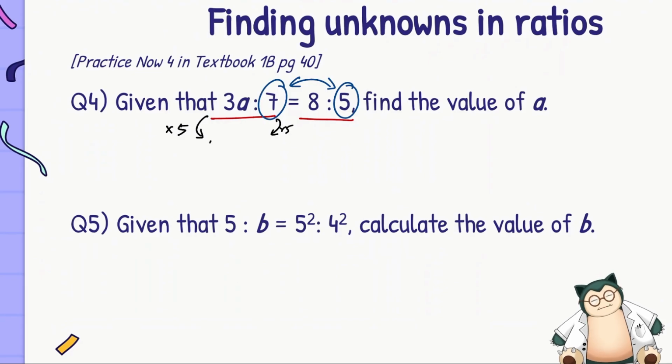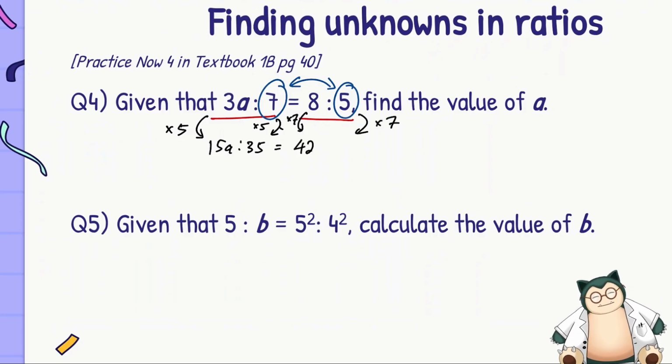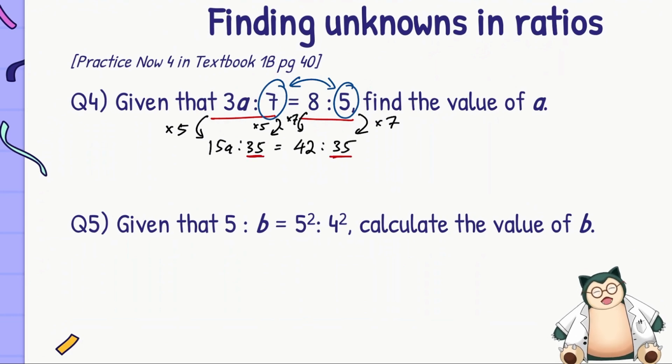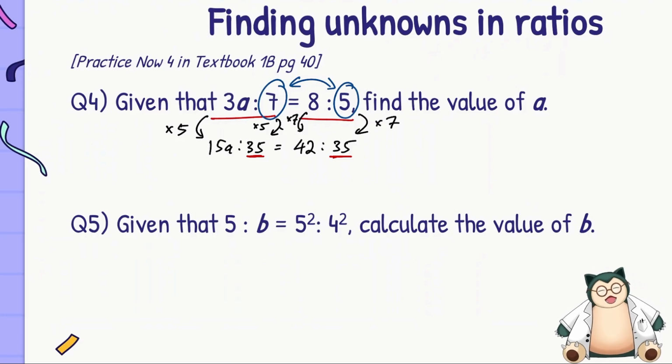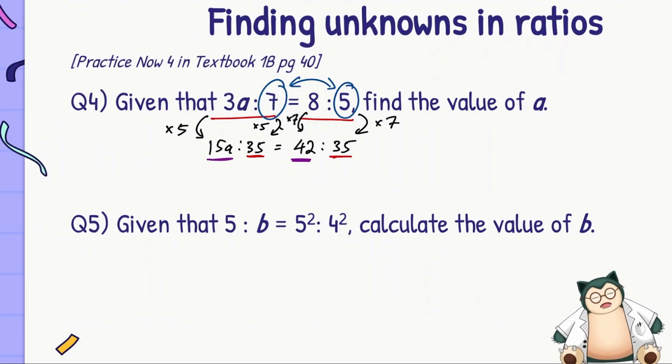That will give us 15a is to 35. And then on the other side, we're going to multiply by 7. 8 times 7 is 42, 5 times 7 is 35. Now we notice that both right parts are the same.